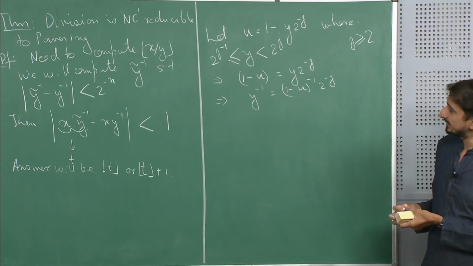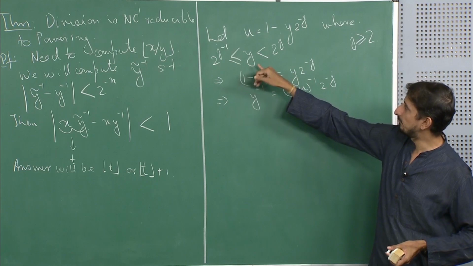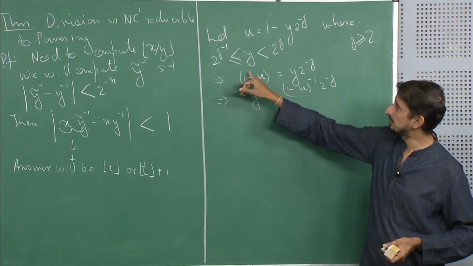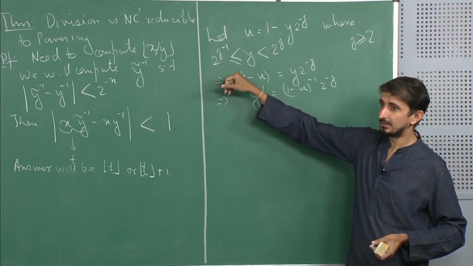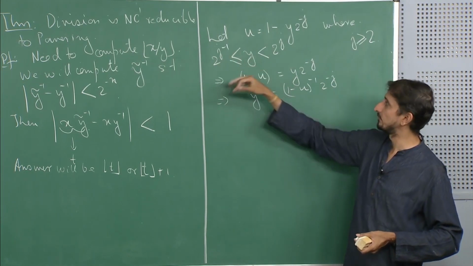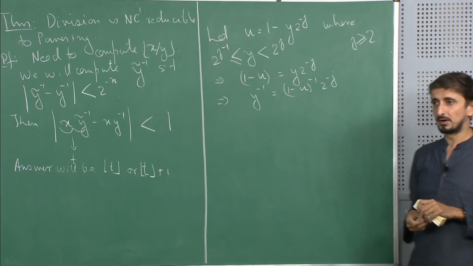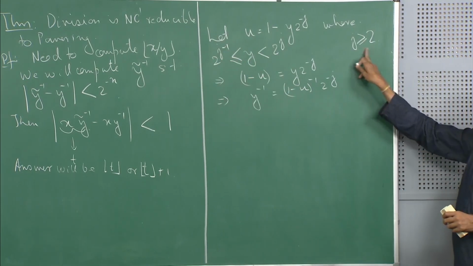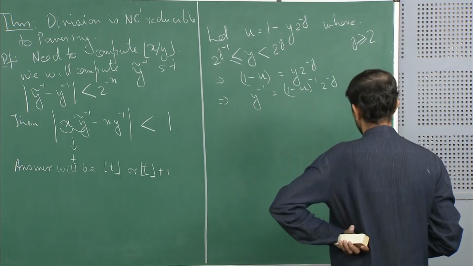So, if the minimum value of y is 2, then it is between 2 and 4. So, 2 means that it is 2 minus 1, which is 2 to the power 1, is 2. So, j is at least 2.